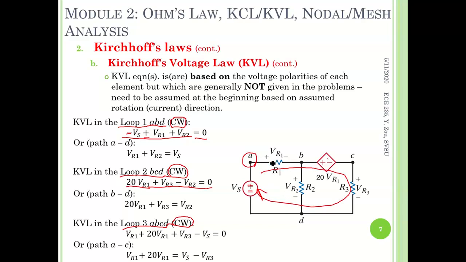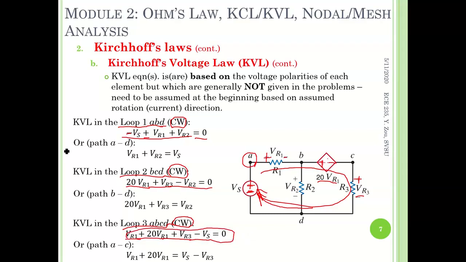The first one we come across is VR1, positive, negative, so positive VR1. Next is positive, negative, 20 VR1, so positive 20 VR1. Next is positive and then negative VR3, so positive VR3. The last one we come across is negative polarity first, Vs, followed by positive polarity, so it's negative Vs. Sum them up, and we end up with this equation.